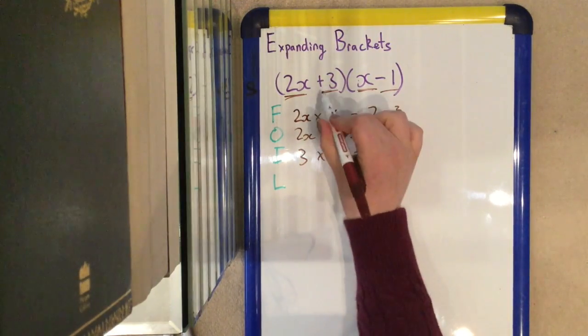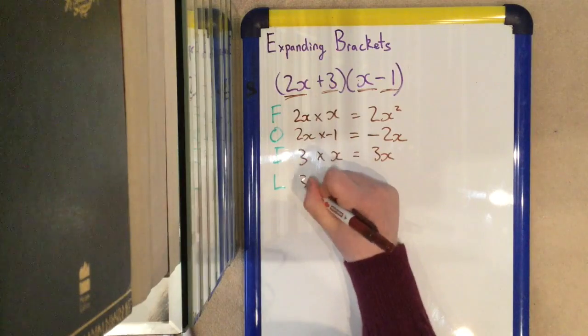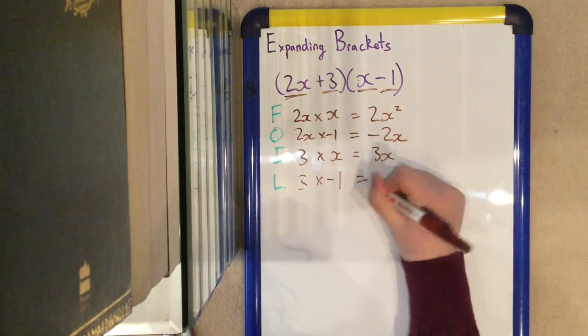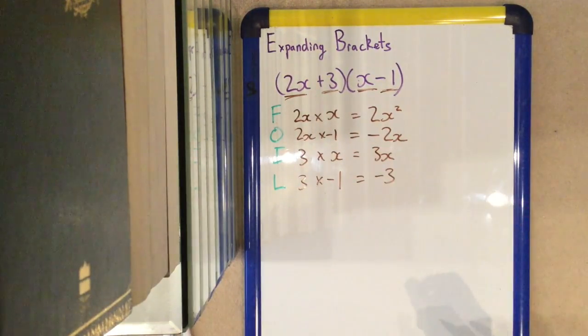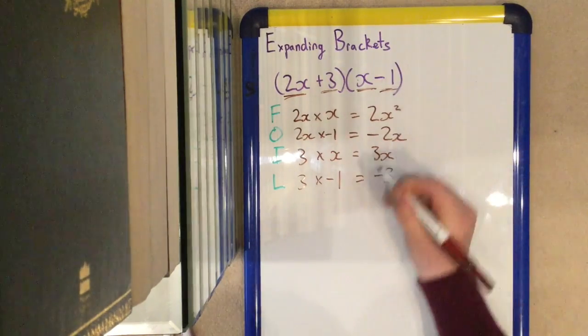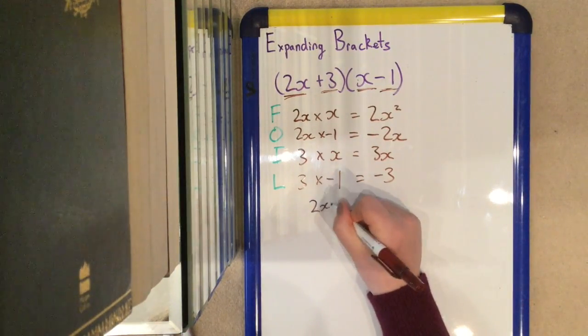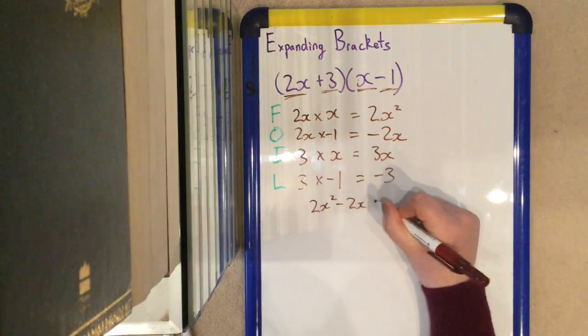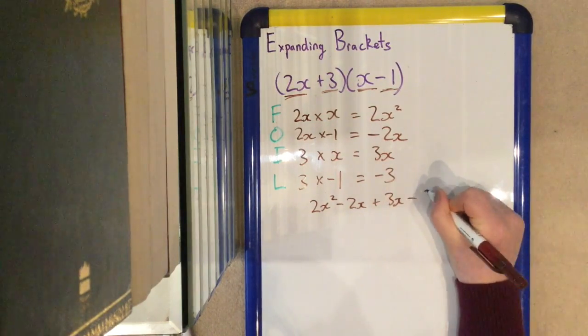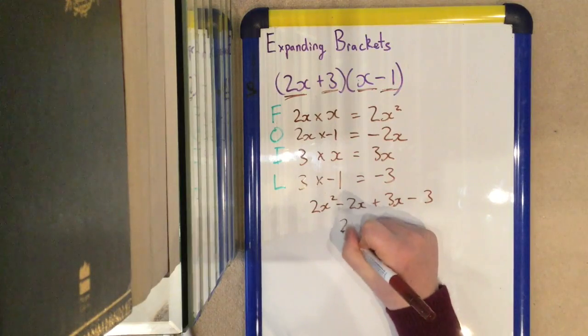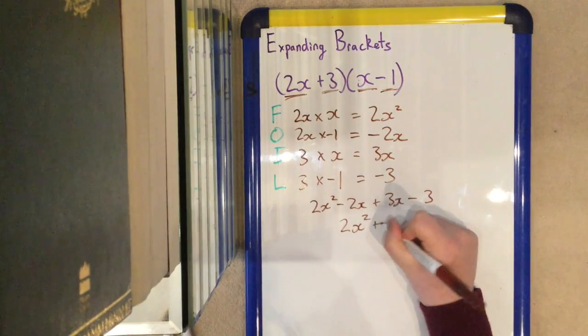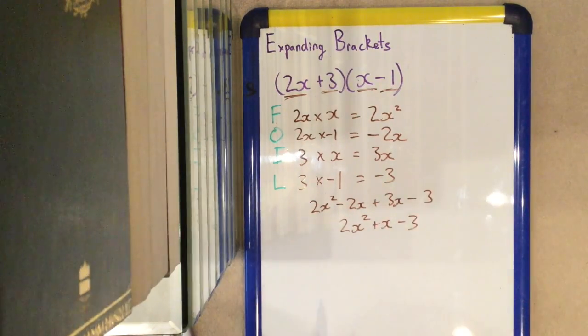And my last 2 terms are this 3 and this minus 1, so 3 times minus 1, which gets me minus 3. Again, last step is to combine all 4. 2x squared minus 2x plus 3x minus 3, which combines again to 2x squared plus x minus 3.